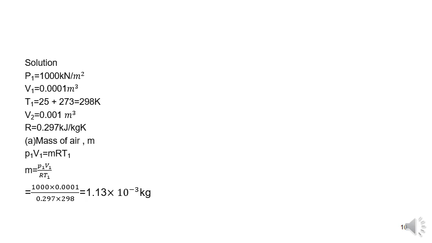We will get the mass units. So M is equal to pressure units. What is the pressure unit? Kilo Newton per meter square. I am writing this meter square like this.